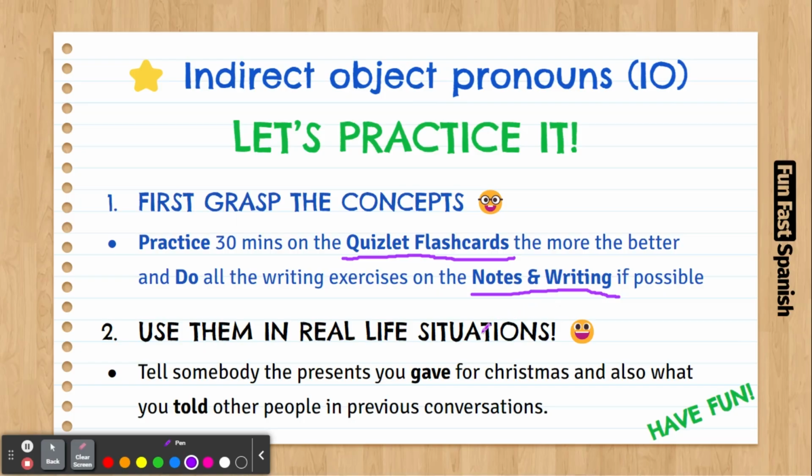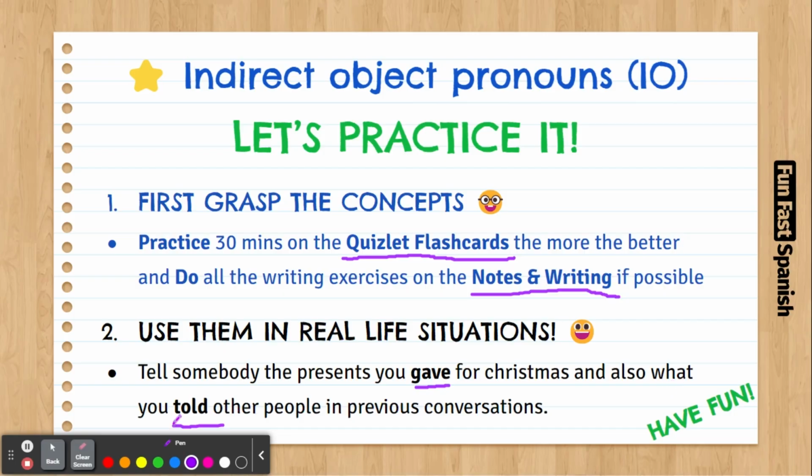And in real life situations, what we're gonna do is simple. Let's use for now two verbs: the verb to give and the verb to say, or to tell. Decir, right? So just tell somebody the presents you gave for Christmas or for birthdays, and to whom, and also specify the person you gave these presents to.